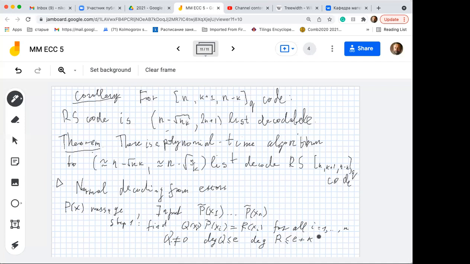This polynomial was found just by solving a system of linear homogeneous equations.